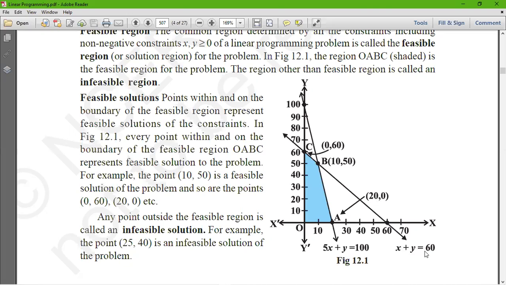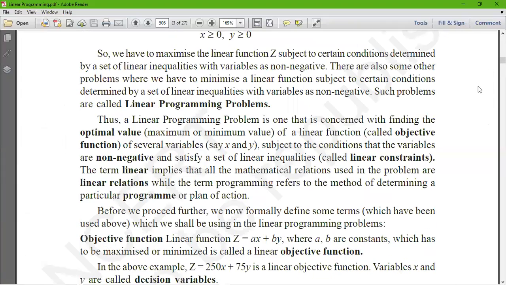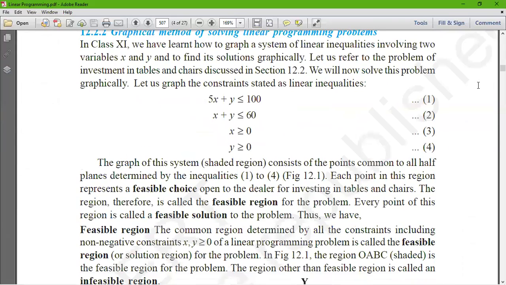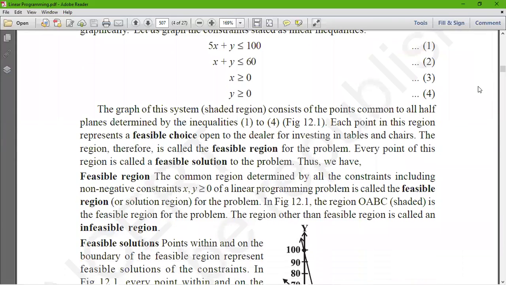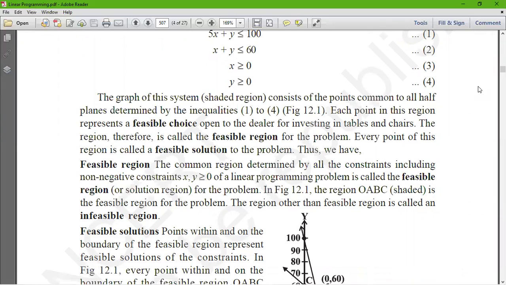Now, how can we check that the given region is feasible? The first inequality is 5x plus y less than or equal to 100.